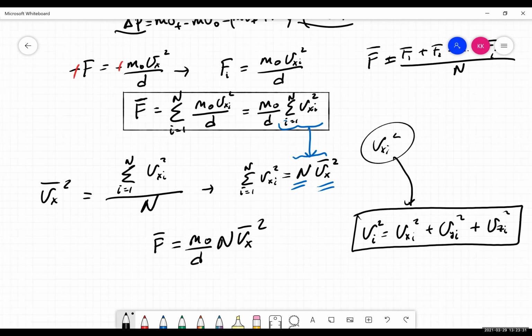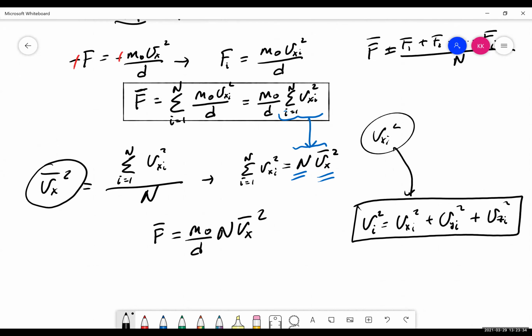So if I look at the average velocity squared of all the particles, that can also be generalized like this: the average velocity squared equals the average of all the horizontal velocities squared, plus the average of all the vertical velocities squared, plus the average of all the z direction velocities squared. Okay, so a more complete picture.